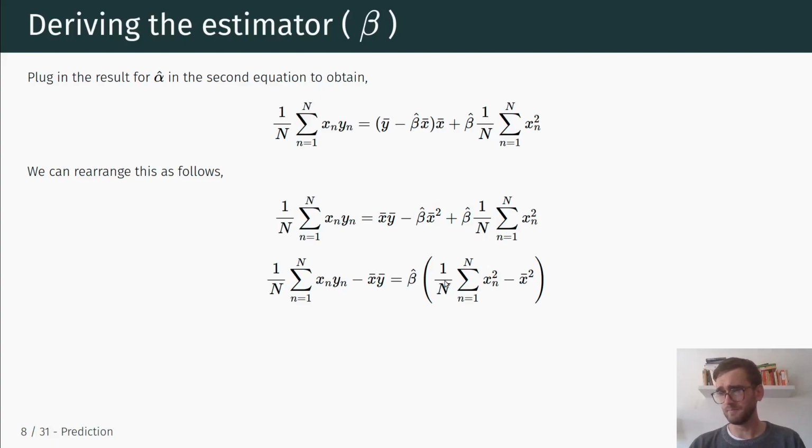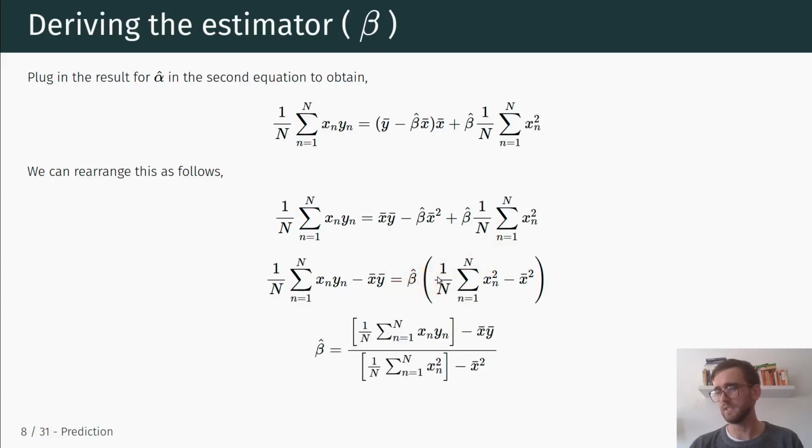So I'm going to divide on both sides by this term, and put beta hat on the left side. So what we're left with is beta hat is equal to 1 over n times the sum from n equals 1 through capital N of xn times yn, this is just this part here, minus x bar y bar, divided by this expression, which is just the expression up here that we divided by on both sides.